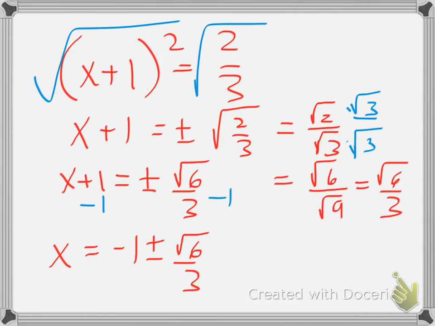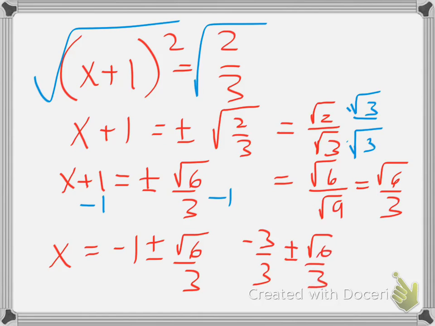Now, if you wanted to really combine it into a single term, you could make this negative 3 over 3, which is equivalent to negative 1, plus or minus square root of 6 over 3.